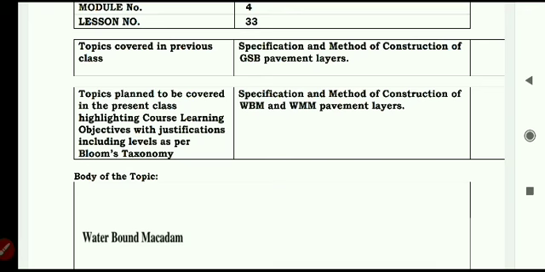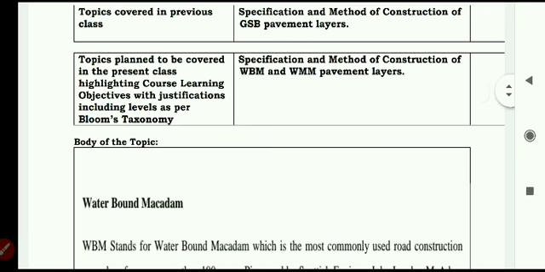They are mixed in a chamber or a unit so that it gives a better binding property, and it is laid on the ground and constructed. See, the only difference between WBM and WMM is that wherever there are low traffic roads, we can go for WBM, and for higher traffic roads we will go for WMM.